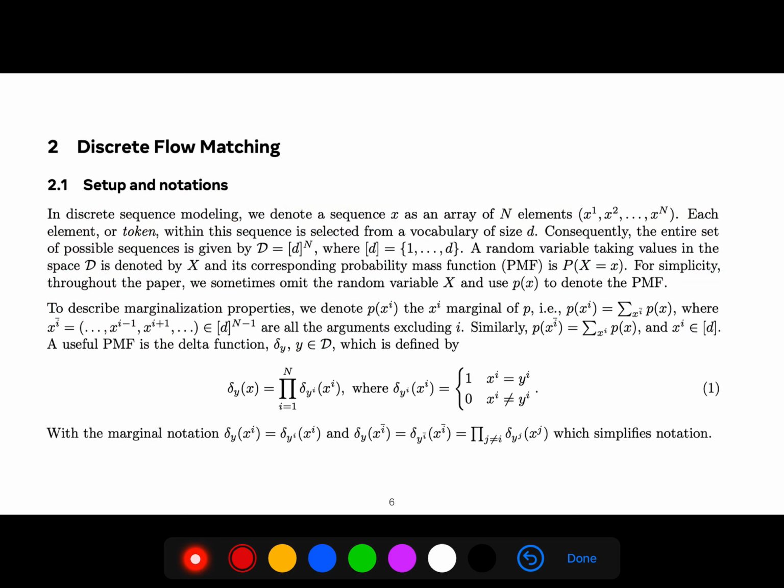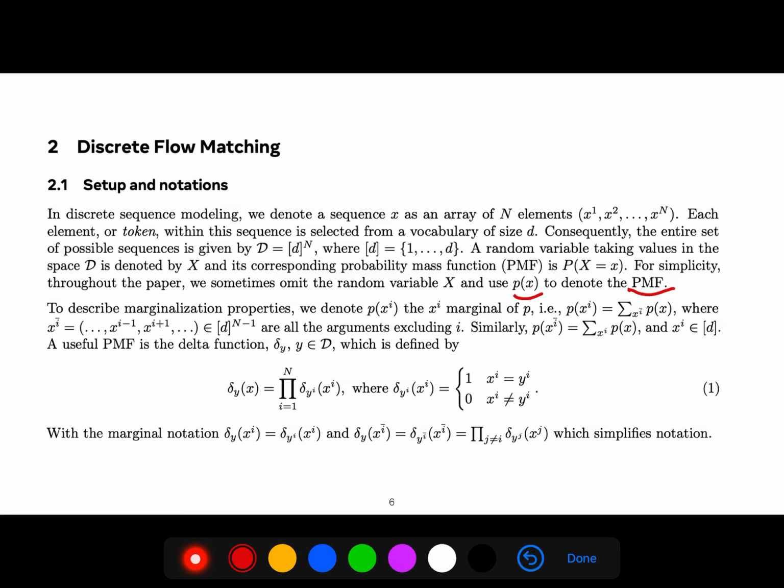So their notation is one I've seen in many papers. We use P of X to say that it's a PMF, because we are working with discrete data.